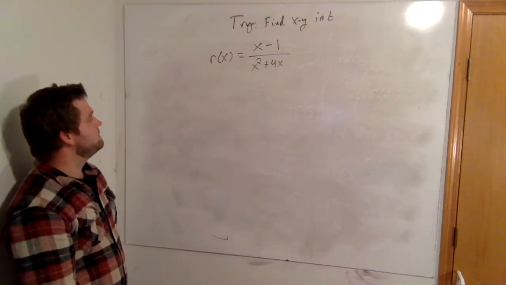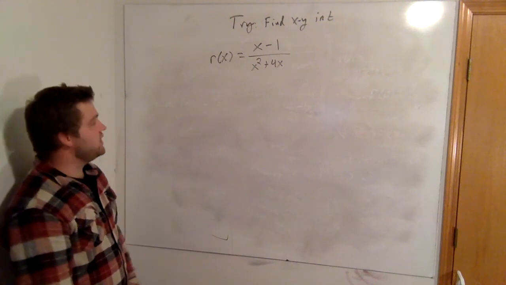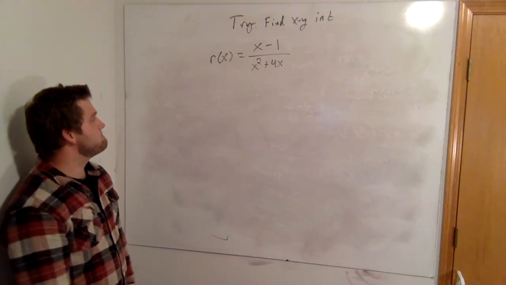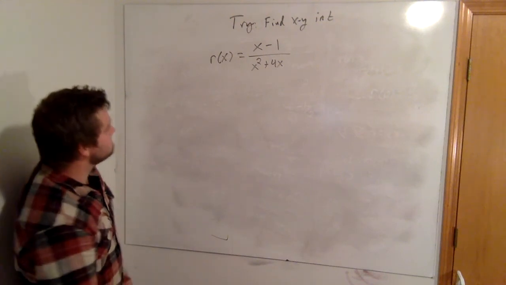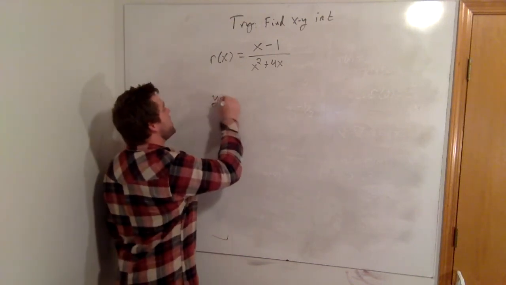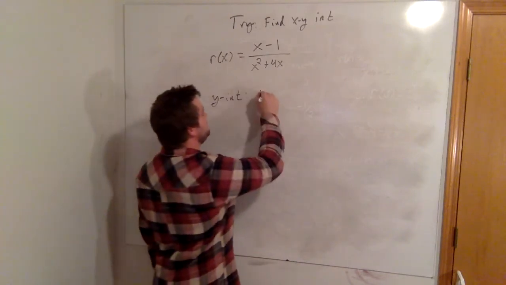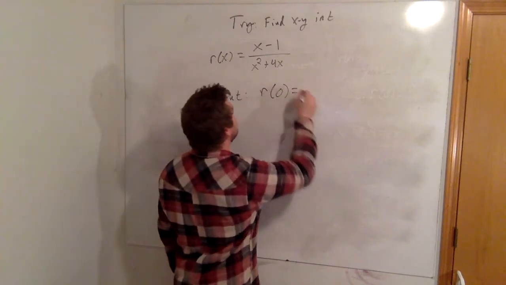In this case, if you want, pause the video and try to find the x and y intercepts. Let's first try to find the y-intercept. This is us plugging in 0.